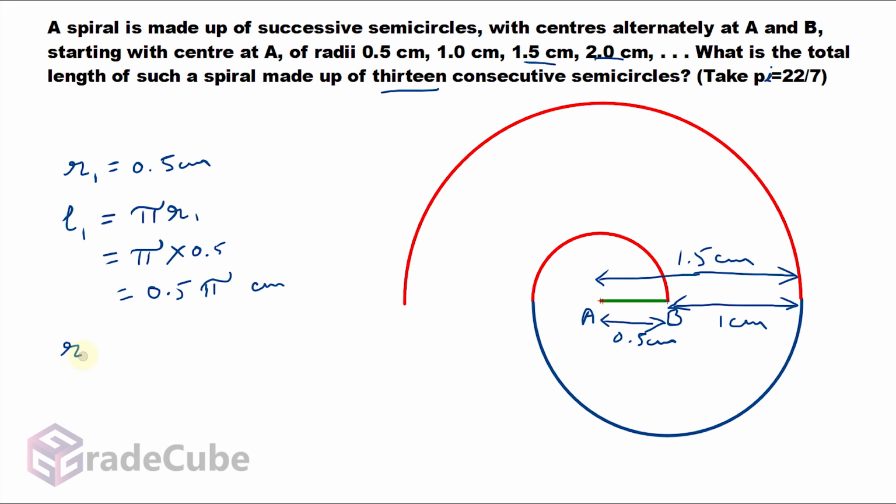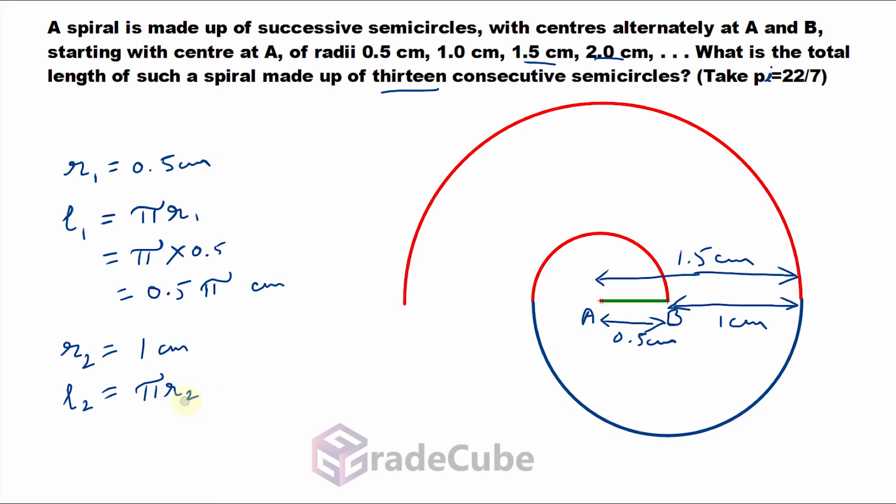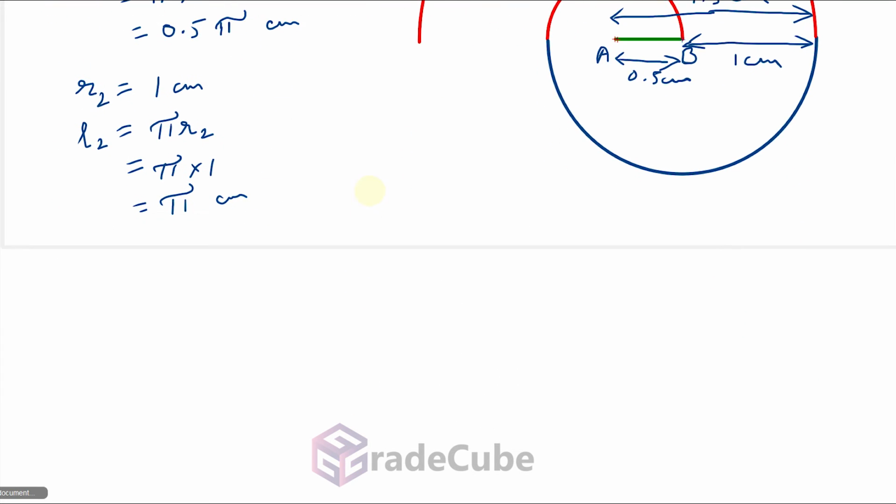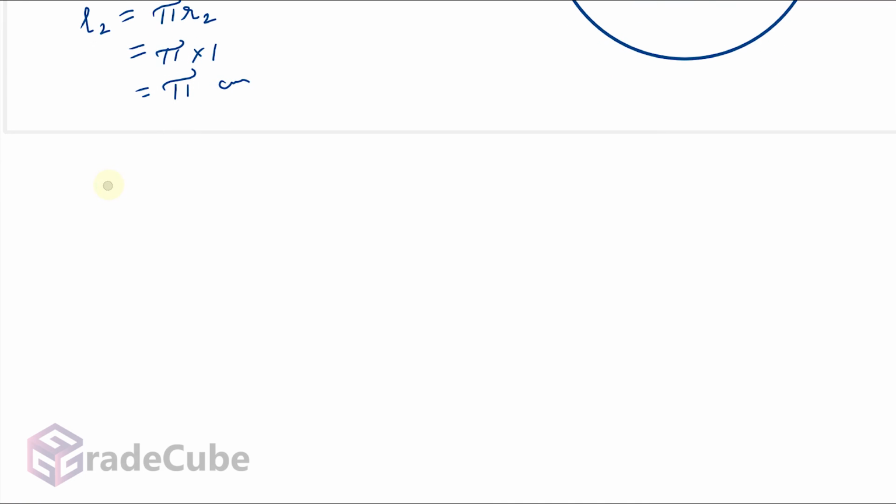Similarly, R2, which is the radius of second semicircle, this blue one, is 1 centimeter. So length of semicircle 2 should be, same formula pi R2, which is pi multiplied by 1 means pi centimeter, right? Now let's find one more length of semicircle. Here the radius of third semicircle is 1.5 centimeter as given to you.